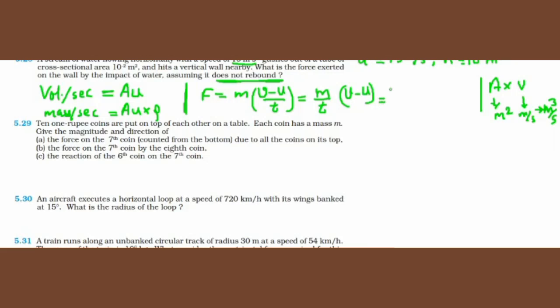Therefore, this is equal to A U rho into (v minus u). All quantities are given. Area is there. Initial velocity U is 15. Density of water is 1000 kilogram per meter cube. Then V, final velocity V is 0. So substitute the values and find the answer.